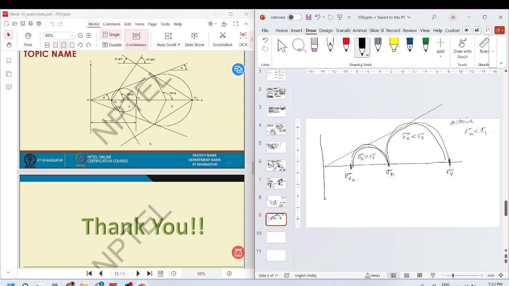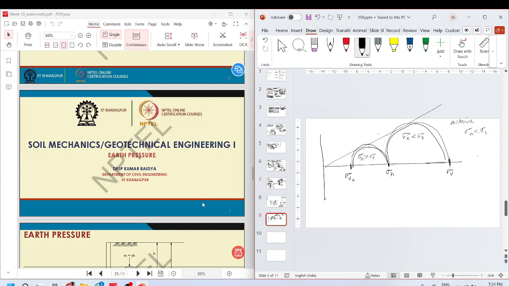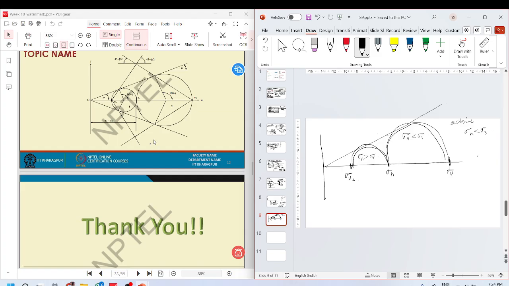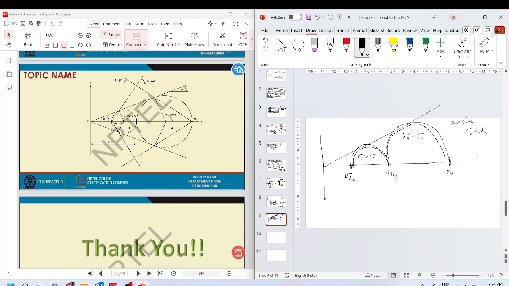I forgot. You change the sigma 3, it increases. Center was sigma vertical, madam. Only center was sigma vertical.